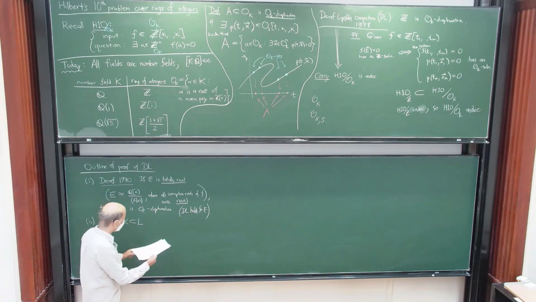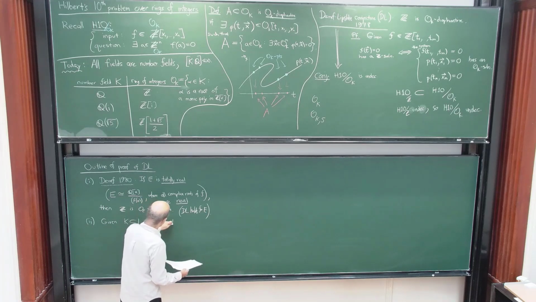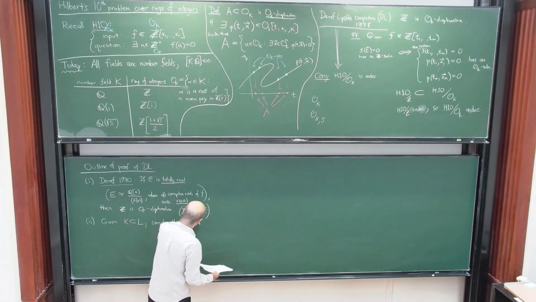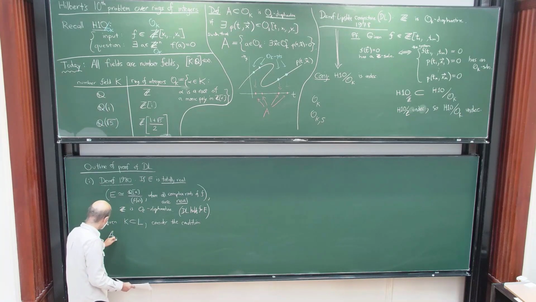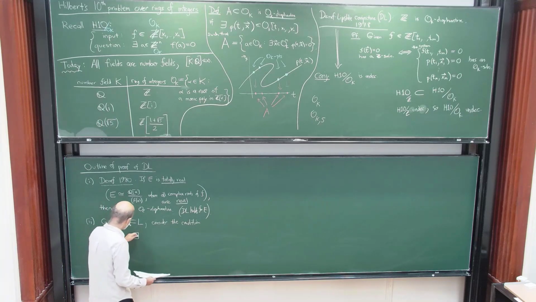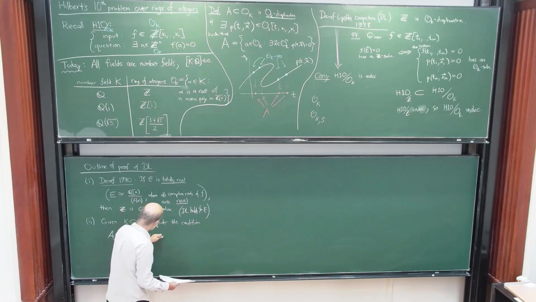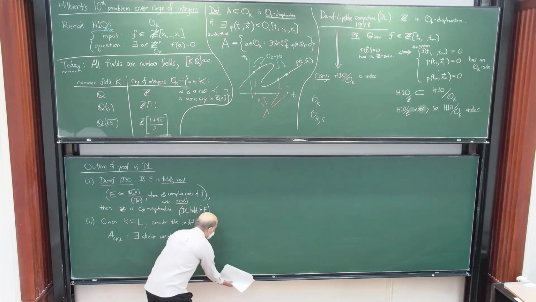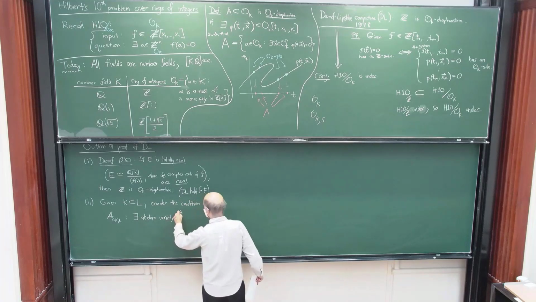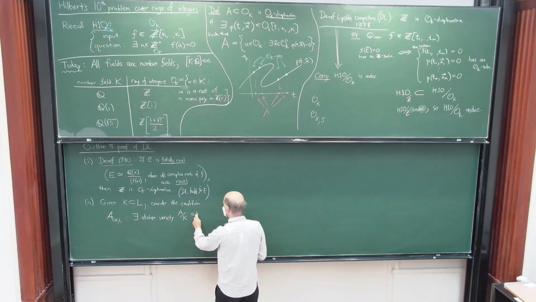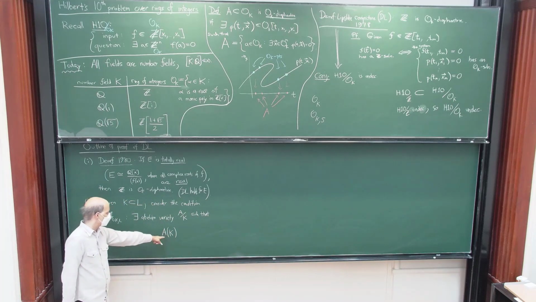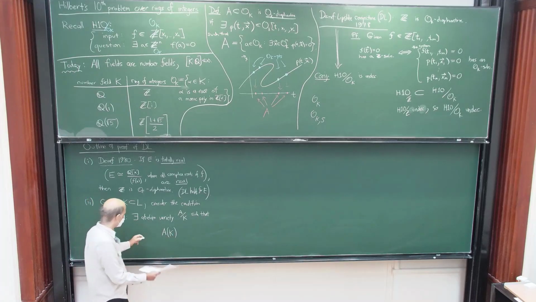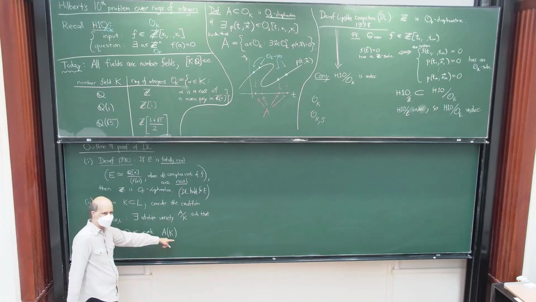Given a finite extension L over K, you can consider the following condition, which I'll call A sub K comma L. The condition is that there should exist an abelian variety over the smaller field such that, if you look at the group of rational points, which by the Mordell-Weil theorem is always a finitely generated abelian group, so you can talk about its rank, the rank should be positive, which is the same as saying that it's infinite.